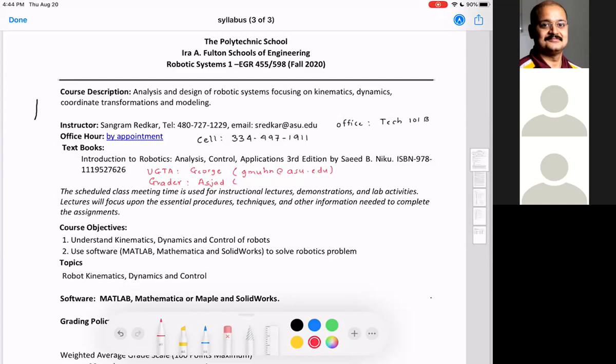Okay, his email, or Asjad, you can send everyone an email with your email. Okay, AAMALIK3 at asu.com.